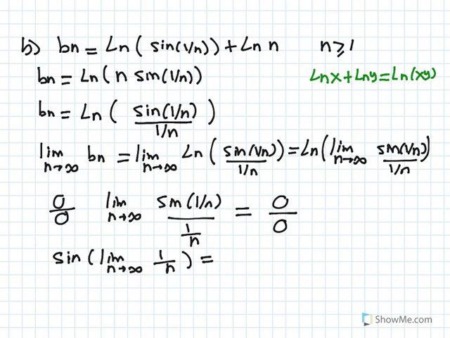Taking the limit of 1 over n as n goes to infinity, that's 0. So we get sine of 0, which is equal to 0. So the numerator becomes 0 as n goes to infinity. Now take the limit of the denominator, 1 over n, as n goes to infinity. That, of course, is 0 as well. So we have 0 over 0 inside the brackets. We need to apply L'Hopital's rule to the limit inside the log brackets.